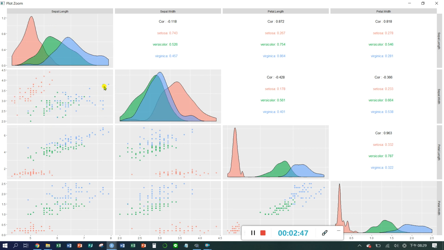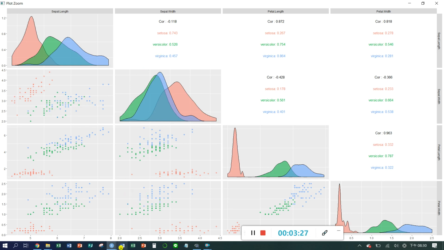Do you know how many points there are in this small diagram? There are 150 points in this little diagram. You can see the pink is identified for Setosa, green is versicolor, and blue means virginica.